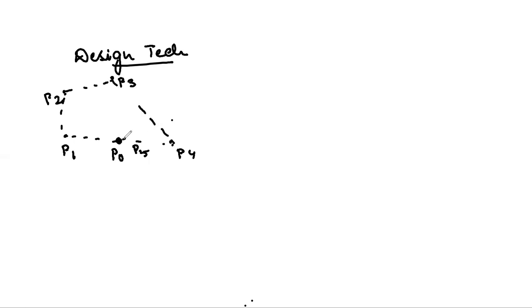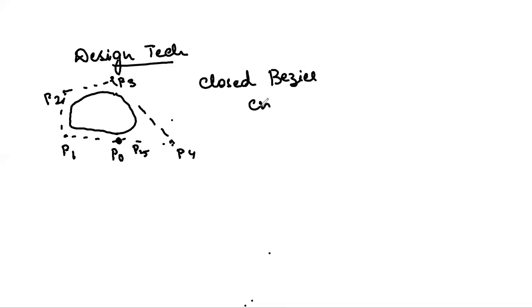If I try to draw the curve, we start from the first point, then second, third, and then come and end up. This is the first property which we have already seen. This is called the closed Bezier curve, and it is generated when we set the last control point as the first control point.